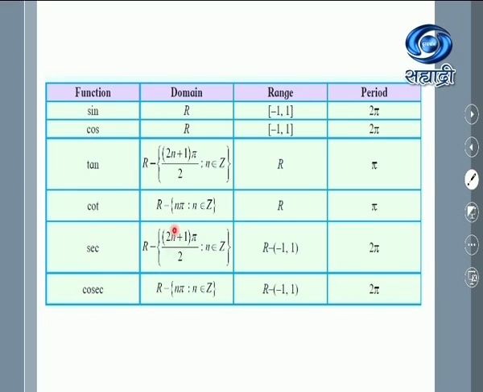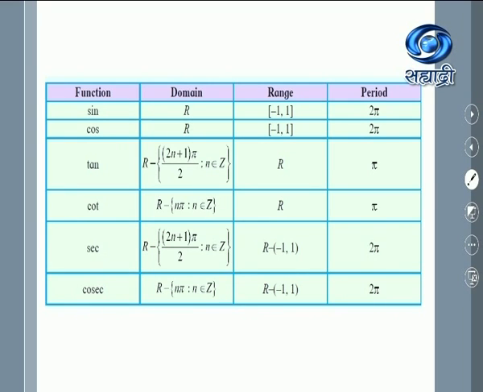So if I put again n is equal to 0 here, you will get 2 into 0 plus 1, that is 1 into pi by 2, that is pi by 2. If I put n is equal to 1, you will get 2 plus 1, the bracket as 2 plus 1, which is 3, and the angle is 3 pi by 2. If I put n is equal to minus 1, you will get minus 2 here, minus 2 plus 1 is minus pi by 2.